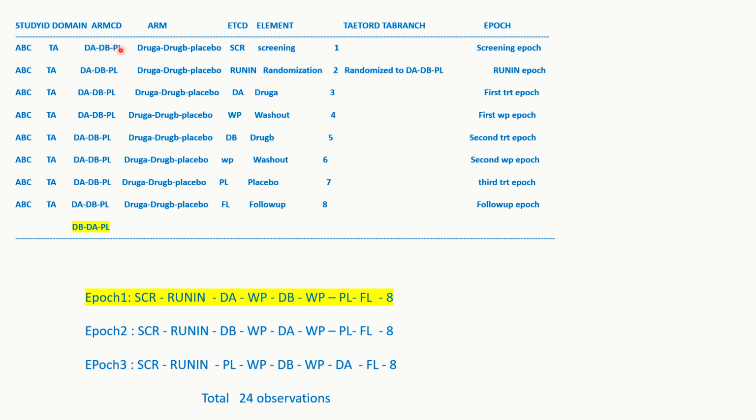So next, what will come? First drug B, then drug A, placebo. That is the second. So for the first, 8 observations, and for the second, 8 observations. The third one will be placebo, drug A, drug B. So in total 24 observations. For a crossover study, we will get 24 observations. So that is how it became 24 observations. Here it was clear, right?